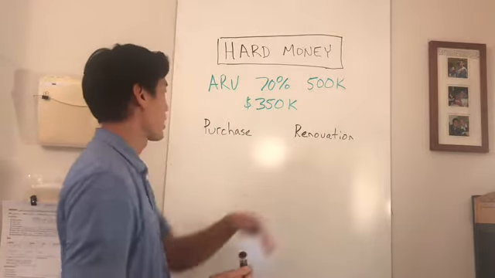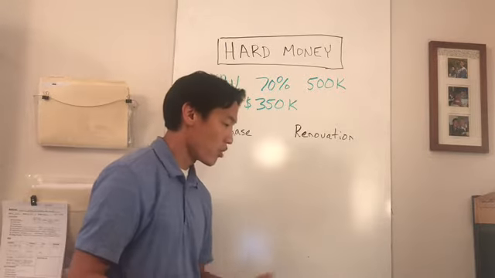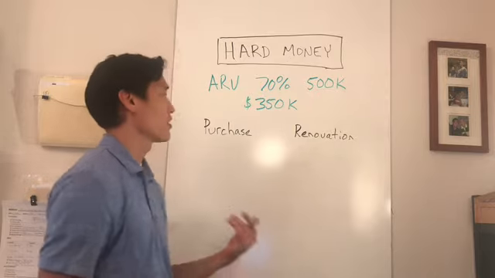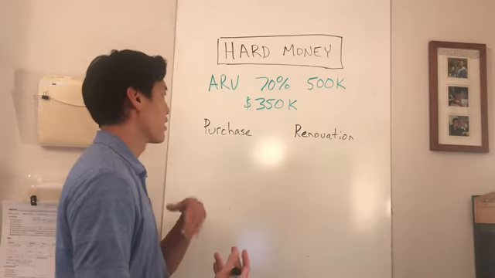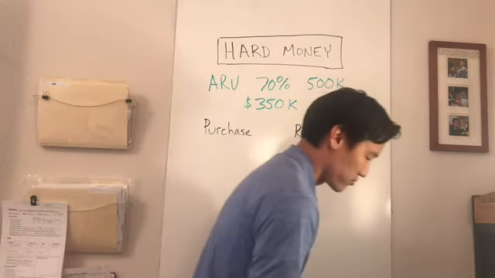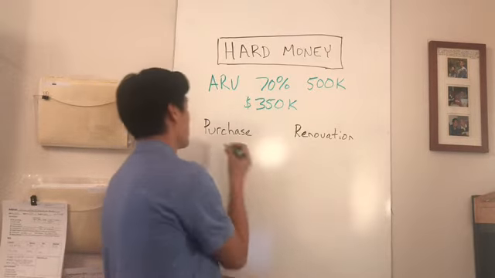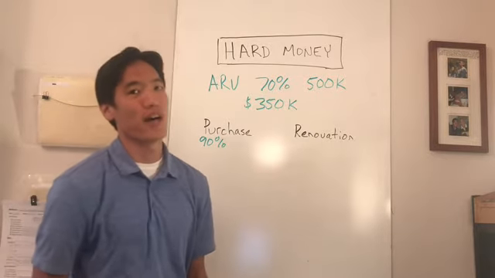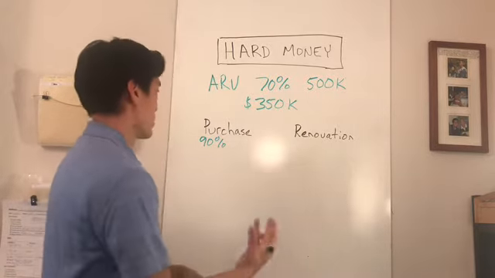We're going to talk about renovation here in a bit too. For the purchase price, some hard money lenders might lend you 100% if it's a really, really good deal. But for the most part, they'll lend you about 90% of the purchase price. So they'll want you to put about 10% down to buy this property.